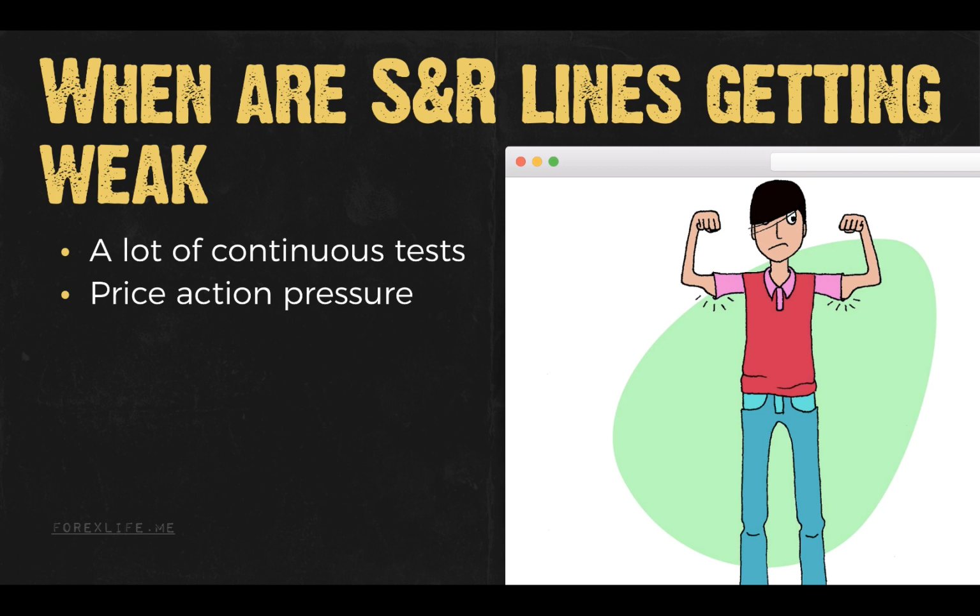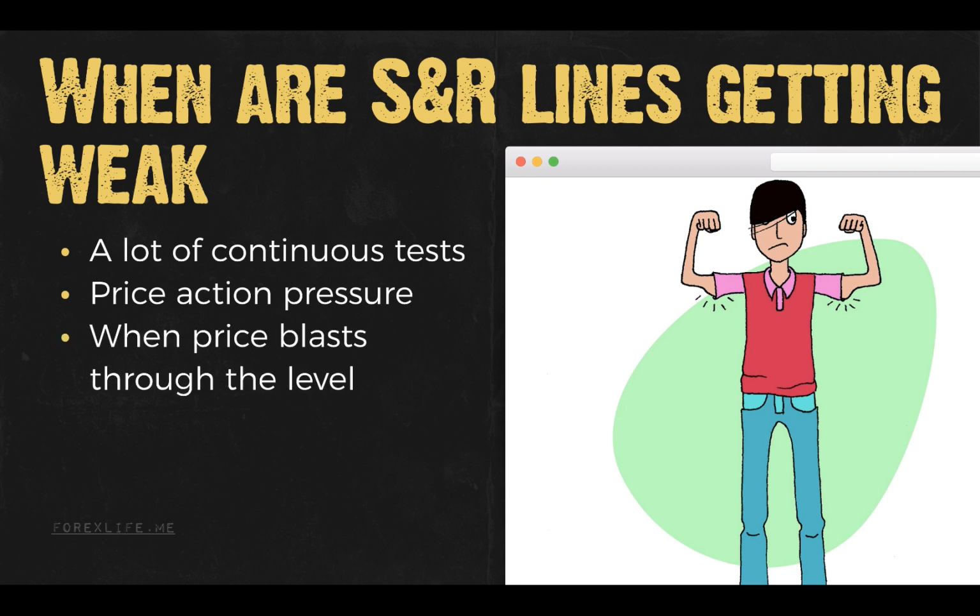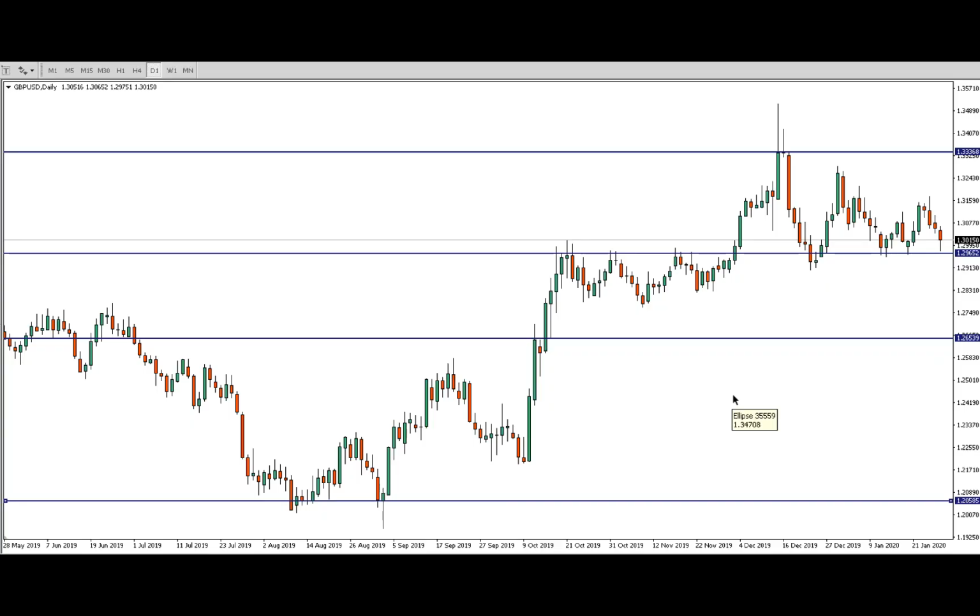That normally means that the sellers are stronger every time, and buyers are not able to take price high enough anymore. And then, of course, price blasts through the level. That's the clearest sign. Sometimes you have levels that look unbreakable, and suddenly price just moves as if nothing happened. Okay, let's see a few examples so we understand this very well.